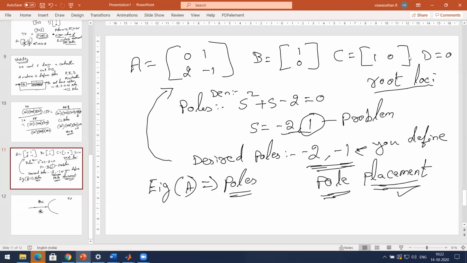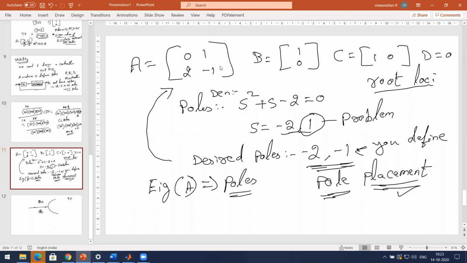Suppose a DC motor: we wrote a mathematical model transfer function for the DC motor. Similarly, we should be able to write the state space model for the DC motor. That means we should be able to define the A, B, C, and D matrices for the DC motor. If we go to that level, then you'll be able to appreciate the state space model in a better way.